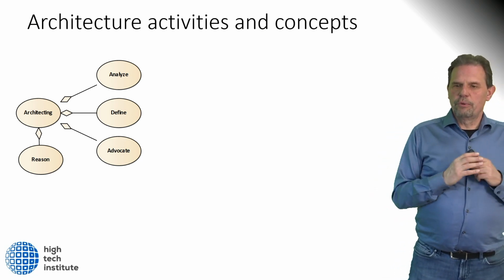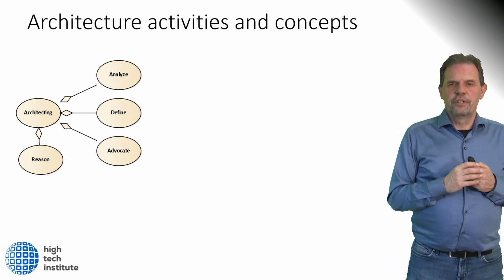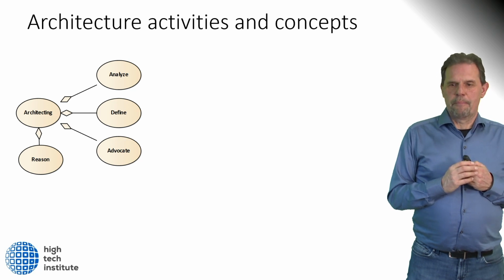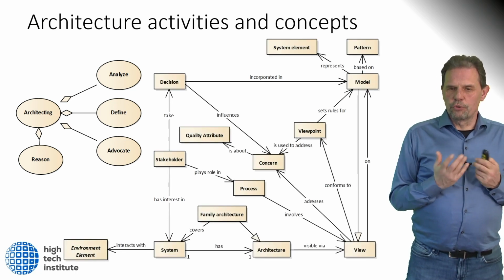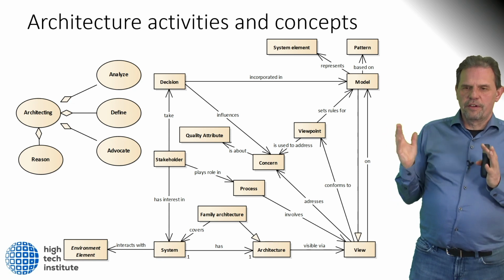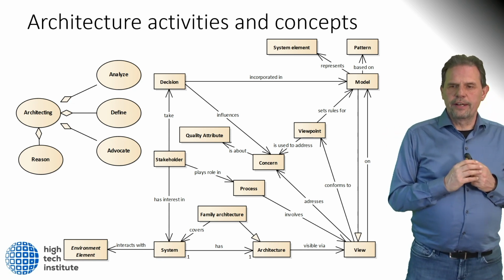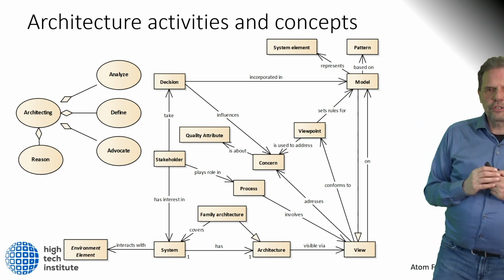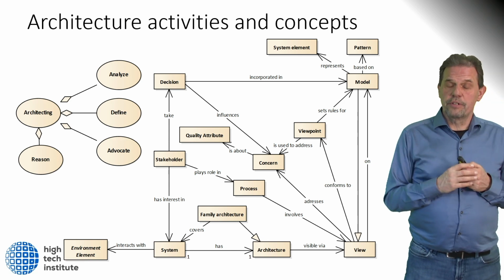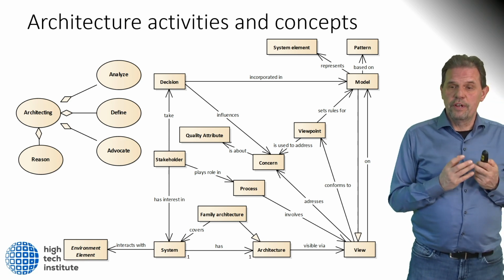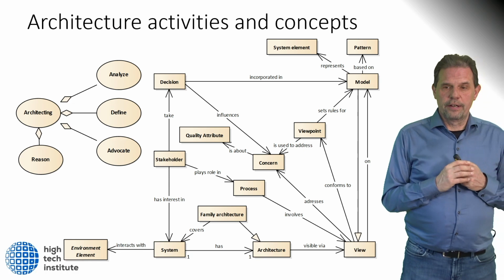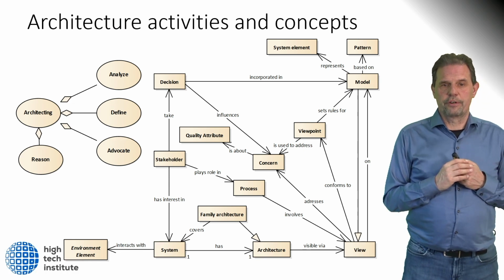So in the course I will teach you these steps, these activities, and give you guidelines for doing them. The other part is the concepts. This is quite an extensive view of the architecting concepts that we treat in the course. And I will also give you guidelines and explain how to use them to capture and do architecting and manage your architecture.